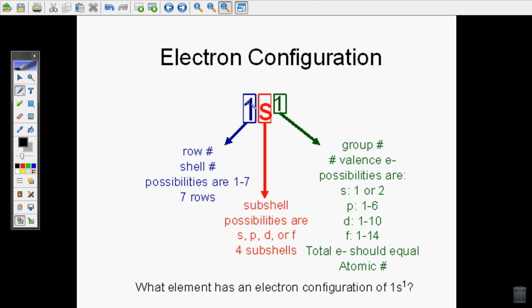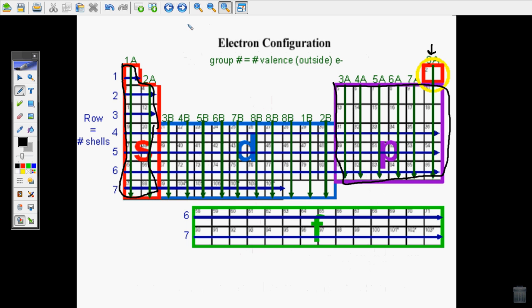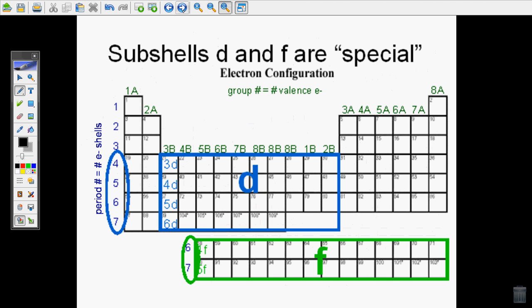So this 1s1, it's in period 1, so somewhere here. It's in the s block here, 1 valence electron here, so that's hydrogen. 1s1 is hydrogen. Now if you notice, you read the periodic table this way, left to right.